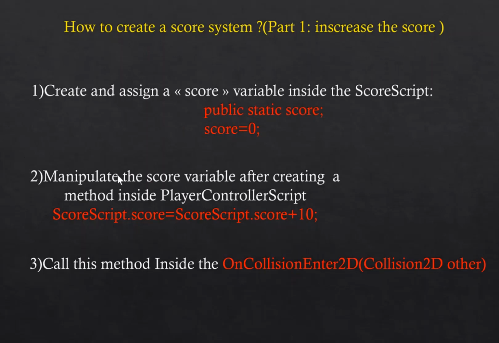Second, manipulate the score variable after creating a method, I mean a new method inside the player controller script, by typing score script, so the name of the script which contains the score variable, dot the name of the variable that you want to increase, equal to score script.score plus the value of 10 if you want to increase by 10.